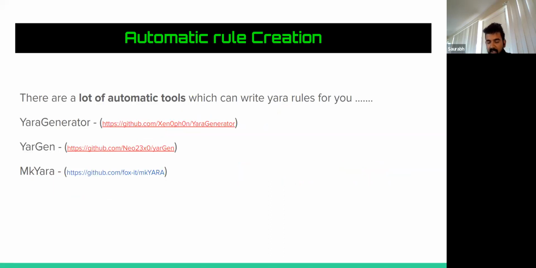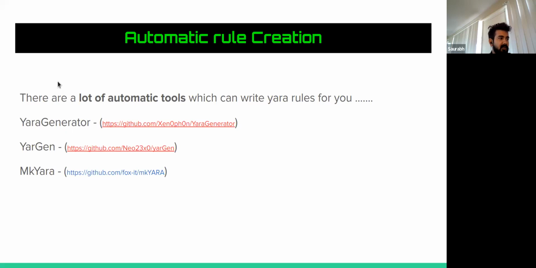Automatic rule creation. Yes, there are tools where you don't have to write Yara. All you have to do is supply the file, and it writes the Yara, but it's not that good. A manually written Yara rule is the best rule. These are 2-3 of the best automatic tools which I will recommend.